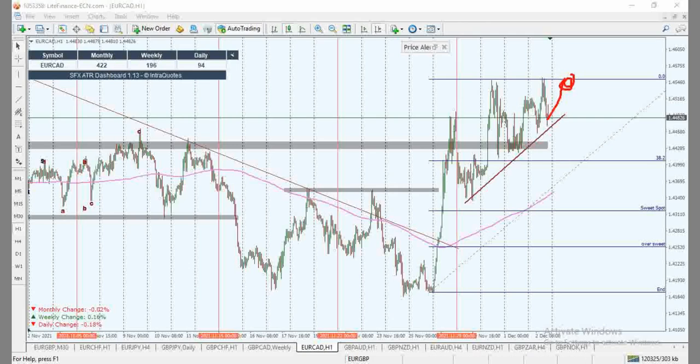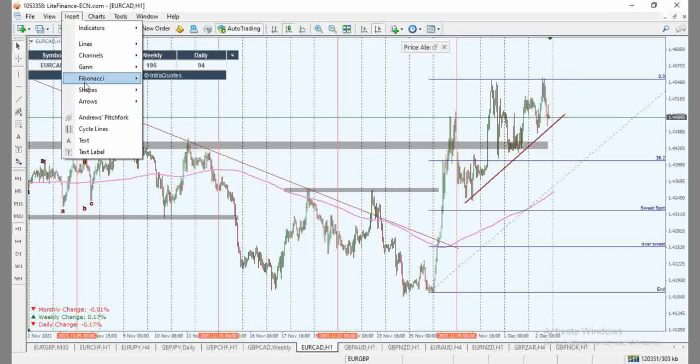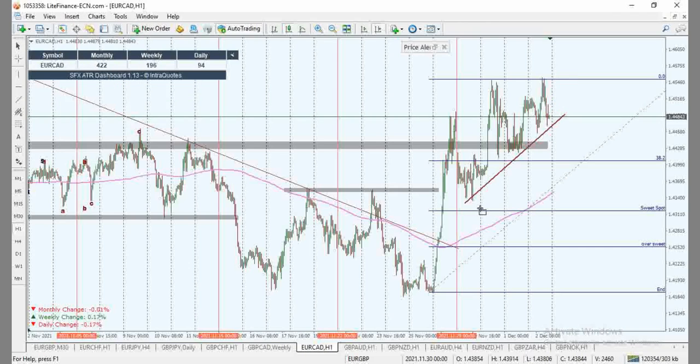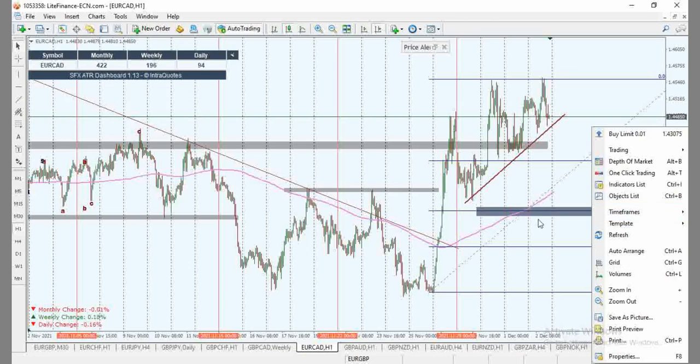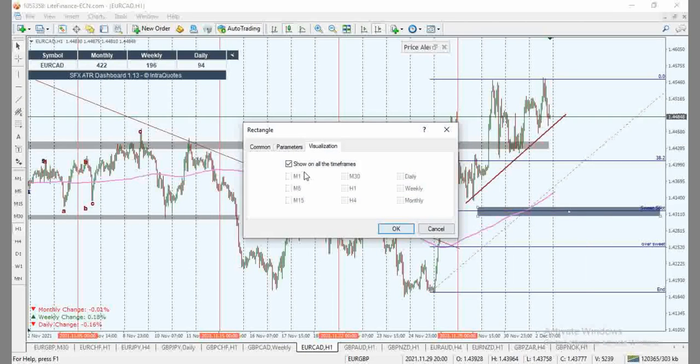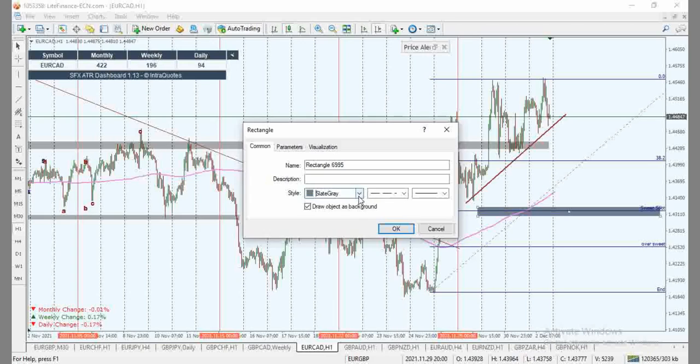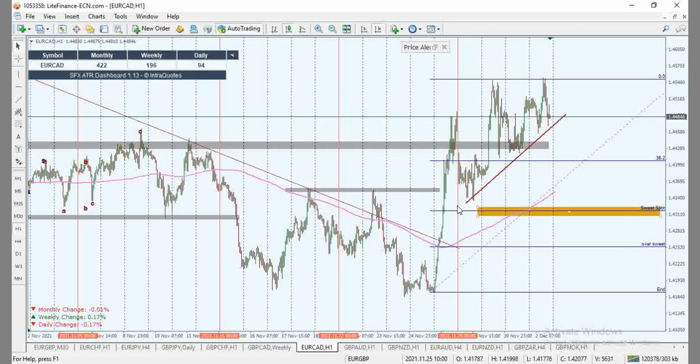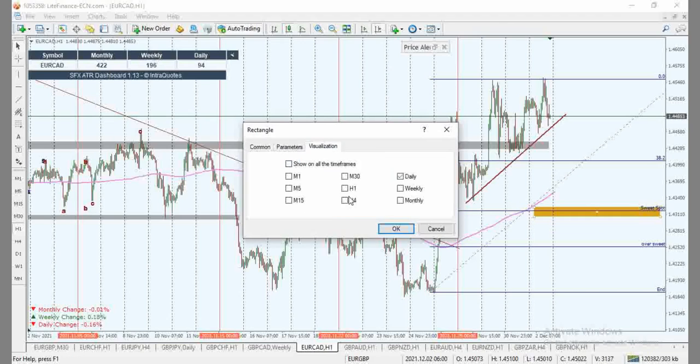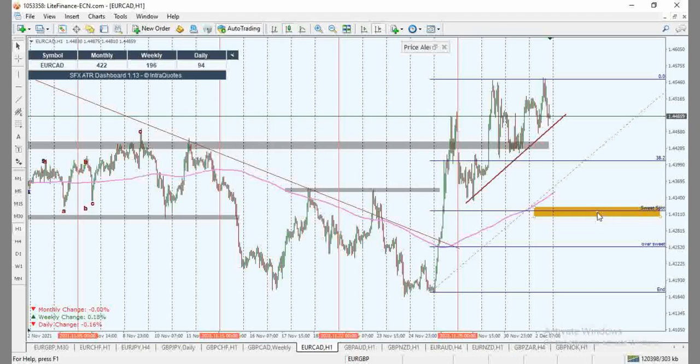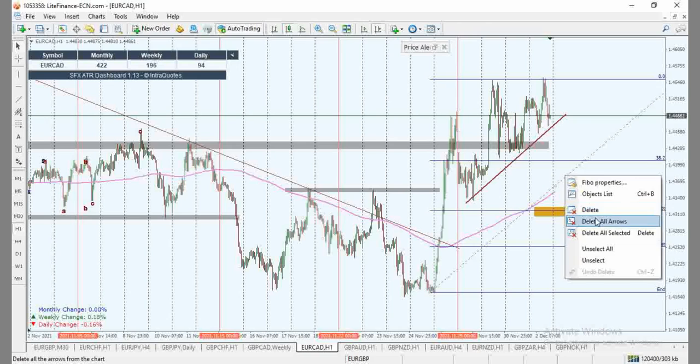I would really want to see price retrace back into the zone, so I'm going to put this as my point of entry, and that's where I'm going to start looking for reactions. This is the best territory to start looking for reactions.